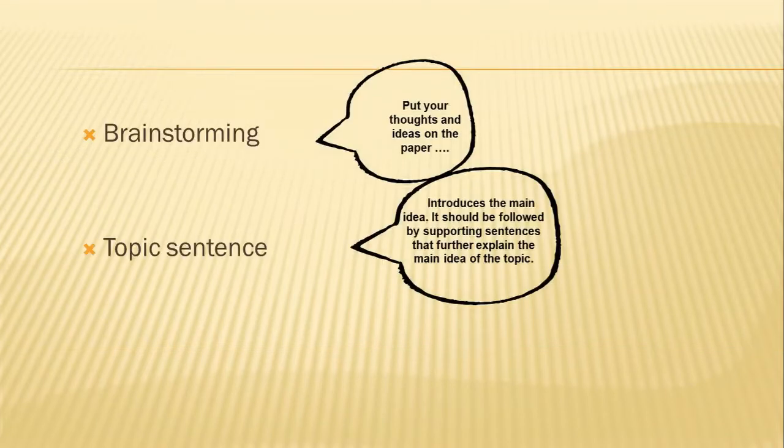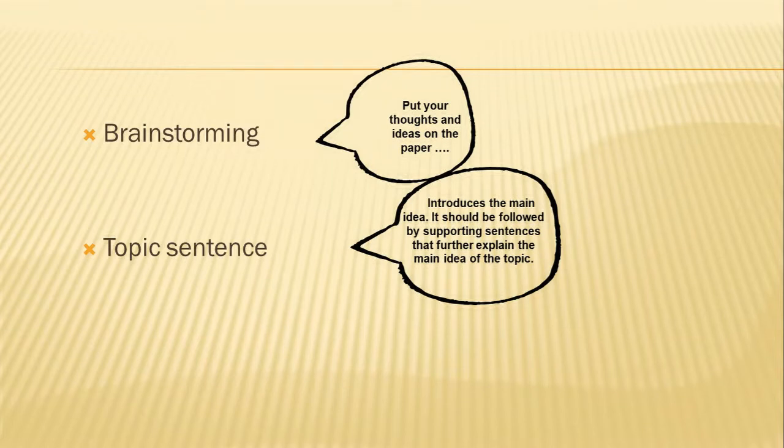But it is very important before you write whatever you're writing, even if it is an opinion essay or a contrastive essay, it doesn't matter, you have to do some brainstorming. Brainstorming, you know, is when you put your thoughts and ideas on the paper first and then you start arranging them.